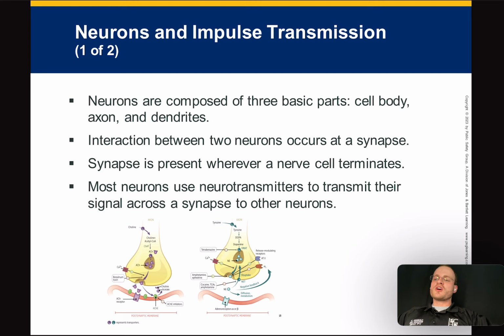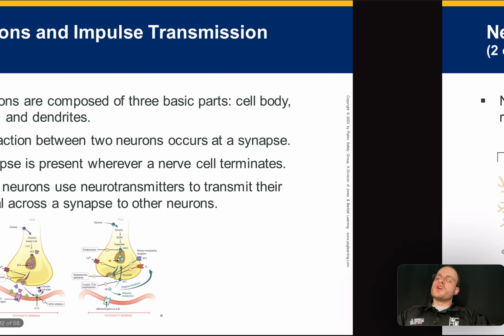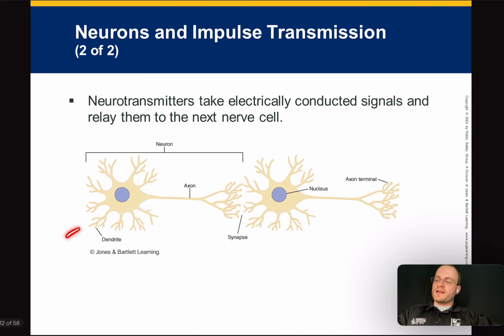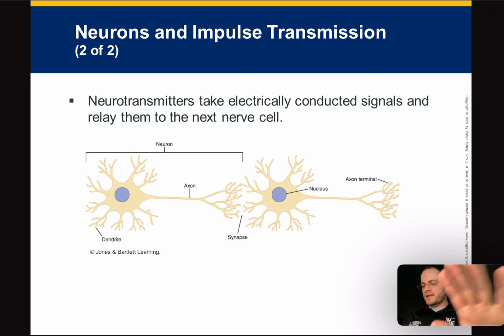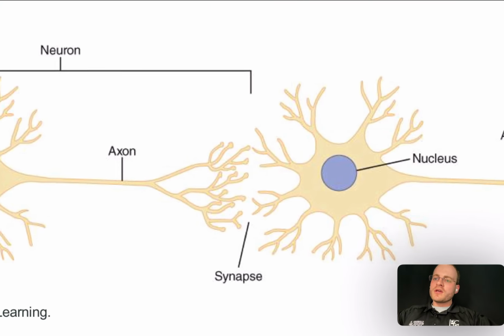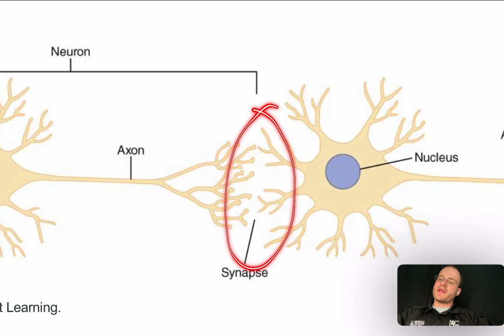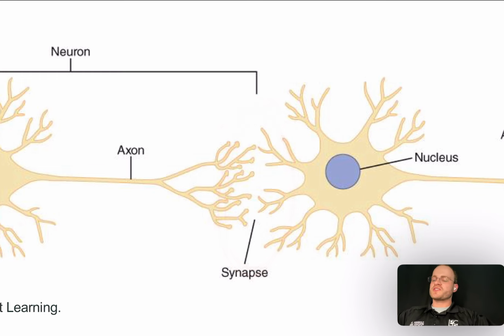Okay. And so most neurons use neurotransmitters to transmit their signal across the synapse to other neurons. Neurons can send electricity one to the other. That does happen. But what we really start looking at is this synaptic cleft, this area right here, because this is where a lot of neurotransmitters like dopamine, GABA, opioids, cocaine, whatever you want to name, come into play.